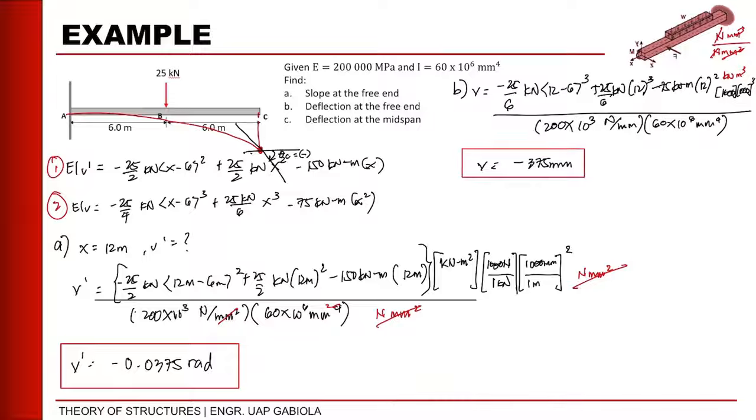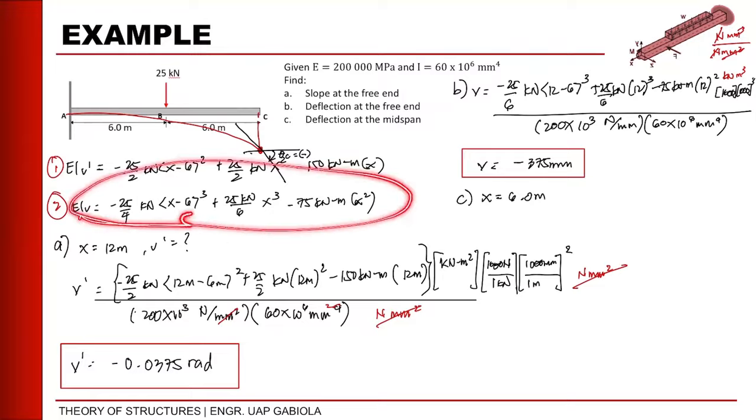Okay? Next, letter C. Deflection at midspan. So at midspan, x is equals to 6 meters. Okay? So ano mangyayari? Ito yung deflection equation natin. Pag 6 meters ginamit natin, dito magiging 0 siya. So cancel na to. Okay? So ang sa-substitute na lang natin is dito sa dalawang term na lang. Okay?